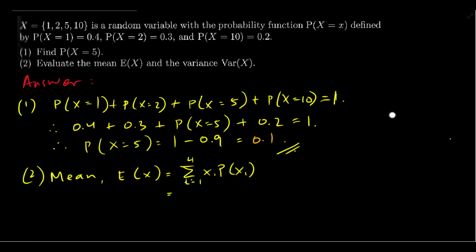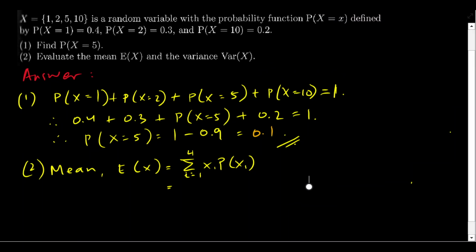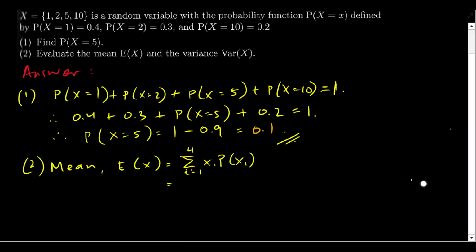So x1 in this case, as you can see, is 1 times the probability value 0.4.